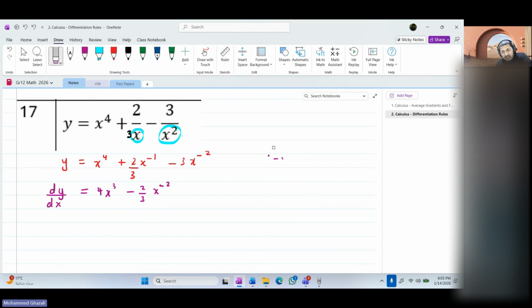When you differentiate, the function goes lower, so the power must be smaller. Then the next one is minus 2 times minus 3 is plus 6, x to the power negative 3. Now write it in positive exponent form. So that's 4x cubed minus 2 over 3x squared plus 6 over x to the power negative 3, which needs to go down. And this represents the slope function.